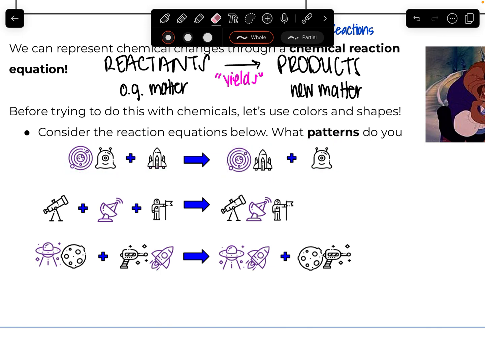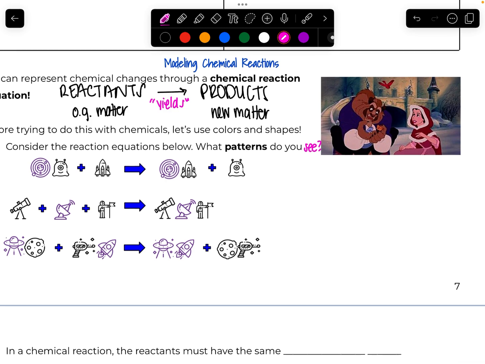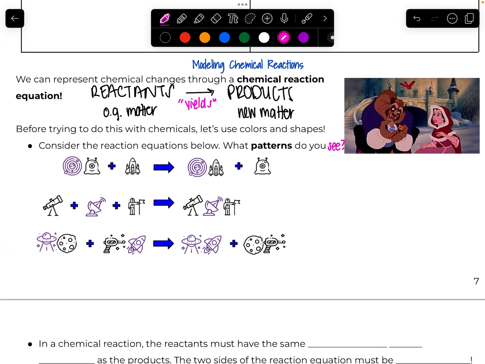What patterns do you see within these three reaction equations? What's the same about them? What's different about them? What do you notice? You can write your observations off to the side over here. So pause the video, talk these things out, and then come back to hear more.